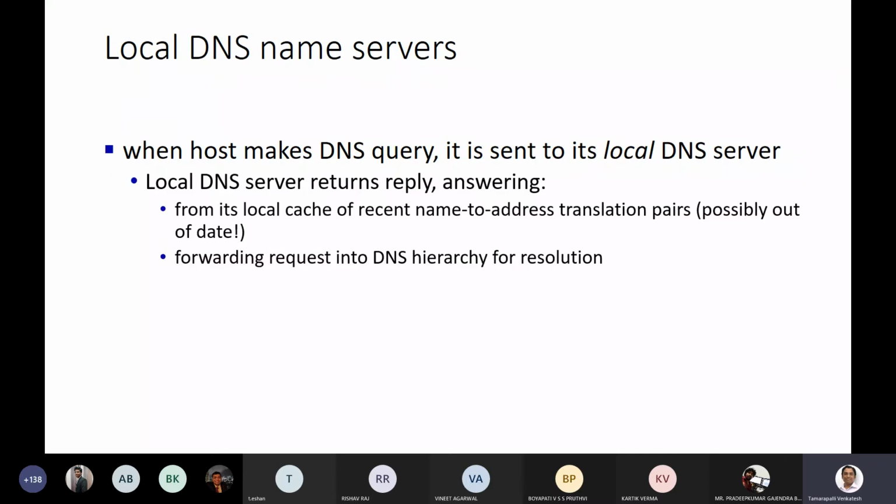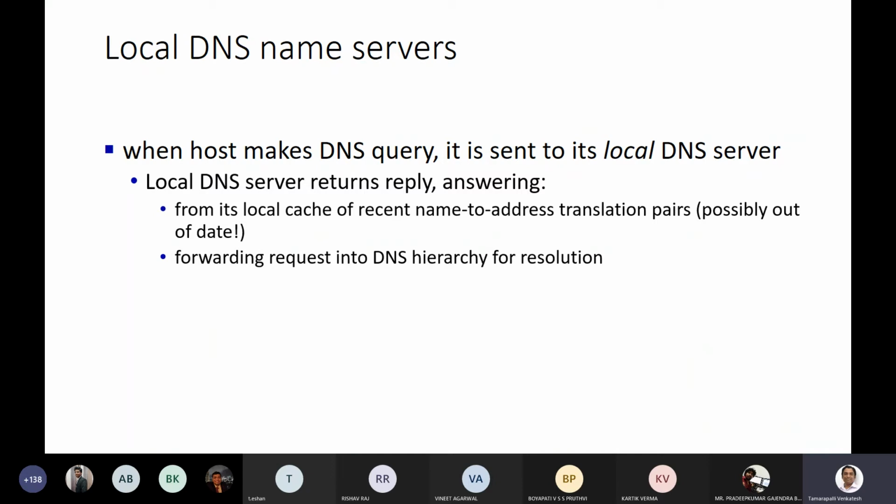So when a host makes a request, what happens in the DNS resolution is what we are going to look at next. When do you have to make a resolution? Whenever you are trying to access a web server or any host with a domain name or mnemonic name.